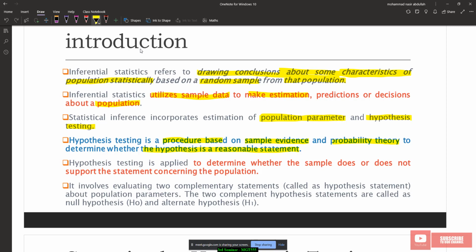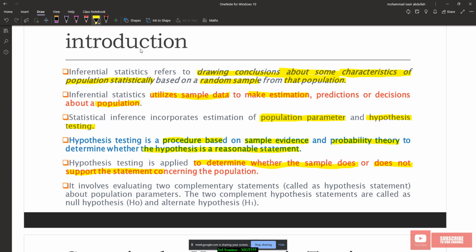So hypothesis testing is applied to determine whether the sample does or does not support the statement, as I said before. We want to test whether the statement given is supported or not supported based on data. So it involves evaluating two complementary statements.